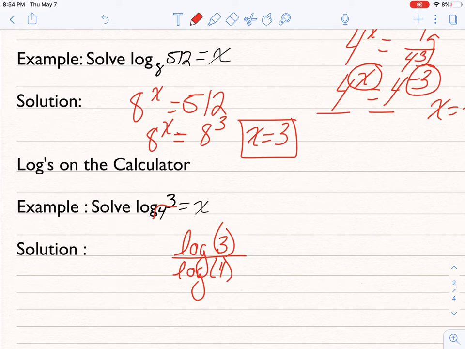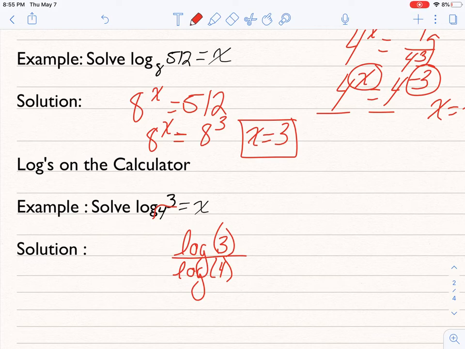And if you notice on your calculator, right below the x squared on the left side, or right next to 7, there's a log button. If you don't have your calculator out, go ahead and grab it. So what you're going to do is hit the log button, and a log should appear on your screen with open parentheses. You're going to type 3, close the parentheses.